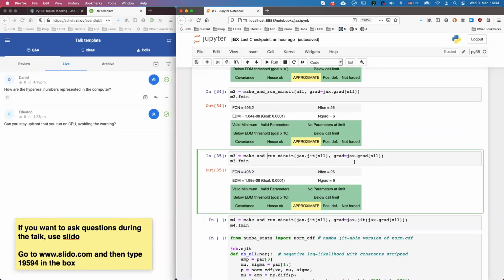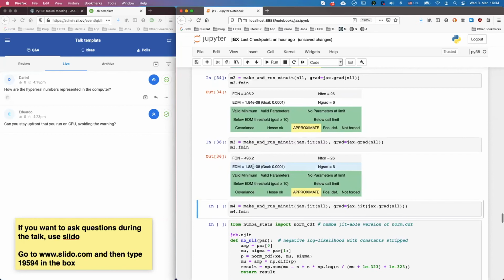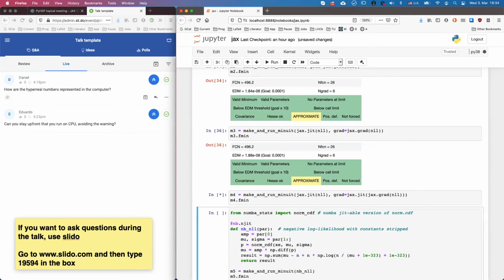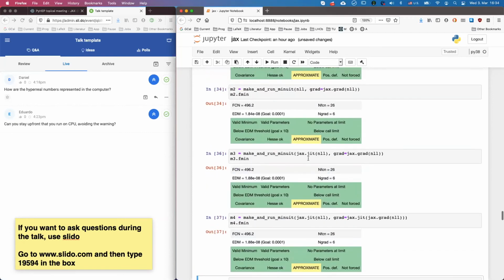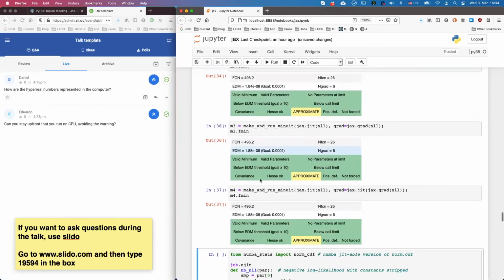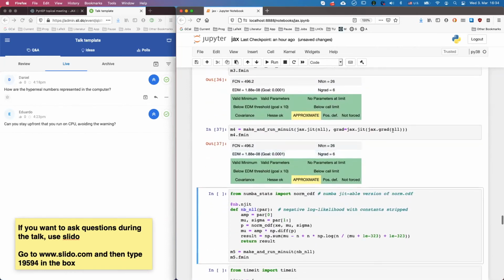But the gradient I leave not JIT compiled. So this should hopefully give us the same result. Actually, there's a little bit of difference here because compilation probably introduces some optimizations, and then you don't do exactly the same floating point math, and that's why we have some minor deviation in the EDM value. But basically it's the same, with the same number of function evaluations. Okay, and finally we JIT compile everything, also the gradient.